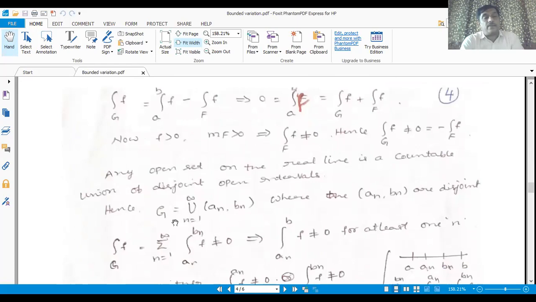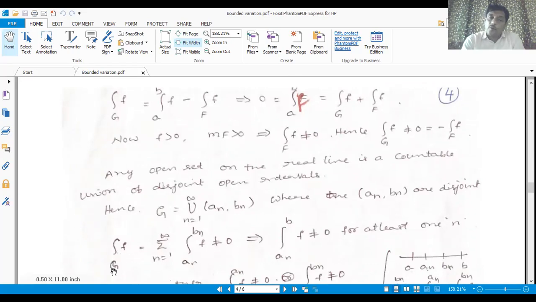Definitely G can be written as the union of (an, bn), n running from 1 to infinity, that is (a1, b1), (a2, b2), (a3, b3), etc. You get many disjoint open intervals, and disjoint means the intersection of the intervals must be empty.